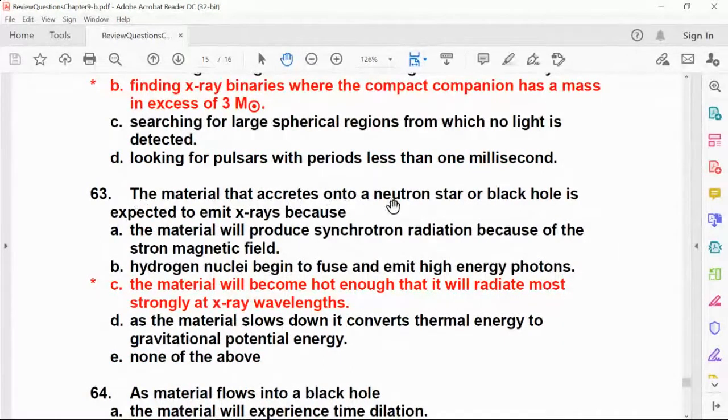The material that accretes onto a neutron star or a black hole, a neutron star also, if anything comes close to it, because it's denser, it will have a greater gravity as well. It will basically shred the material, and the material that accretes there will be moving so fast that it will radiate strongly in the X-ray.